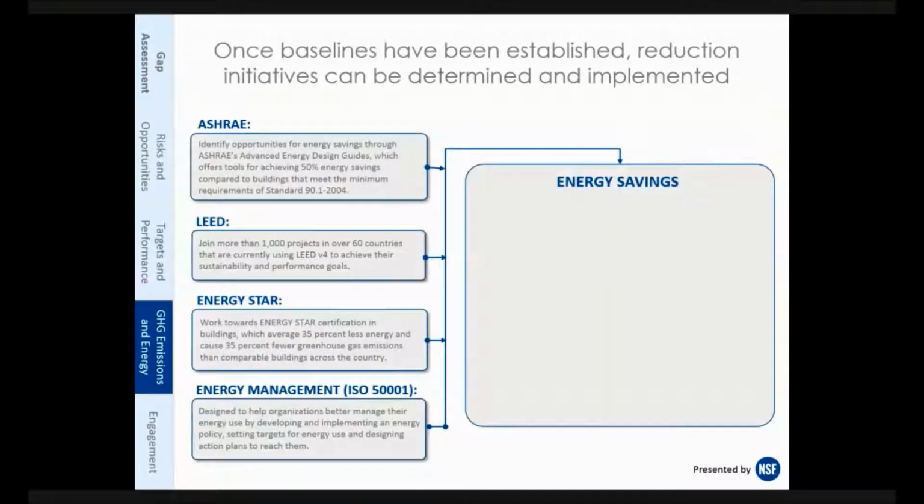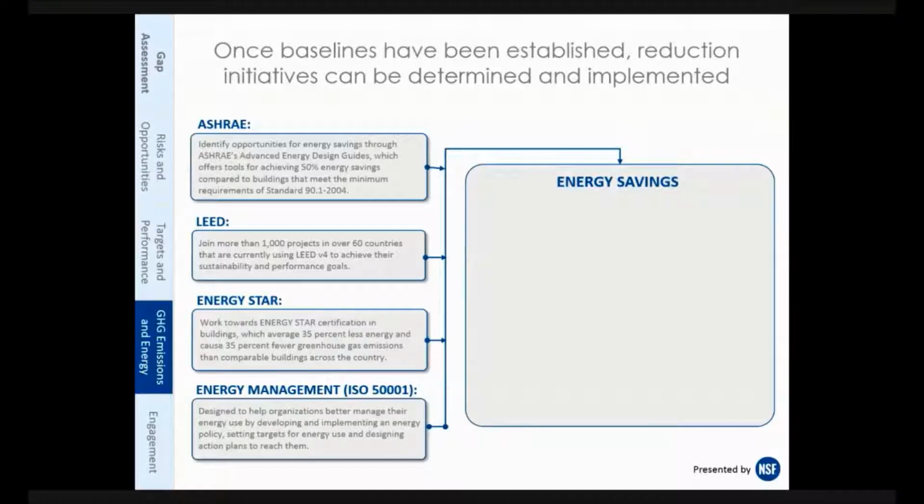Once baselines have been established, like maybe an energy audit or carbon footprint or greenhouse gas emission inventory, then that's really when we can start to develop reduction initiatives. And in terms of a building, for example, there are lots of different ways you can do that. You can assess against ASHRAE, LEED, ENERGY STAR.